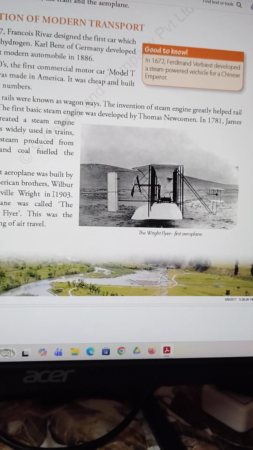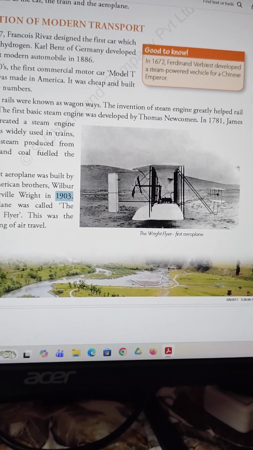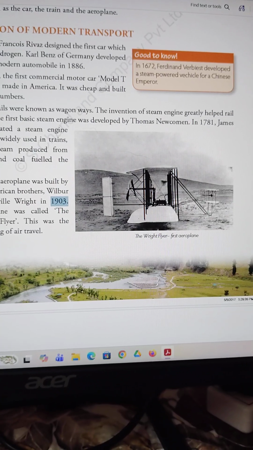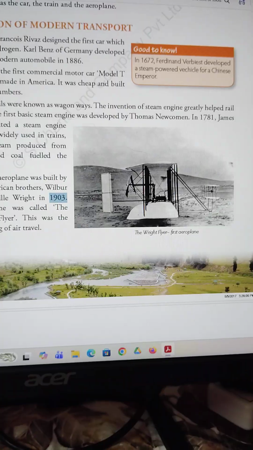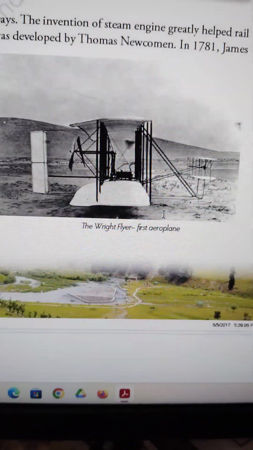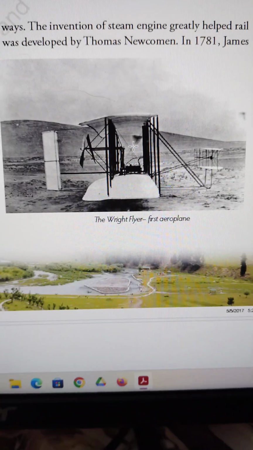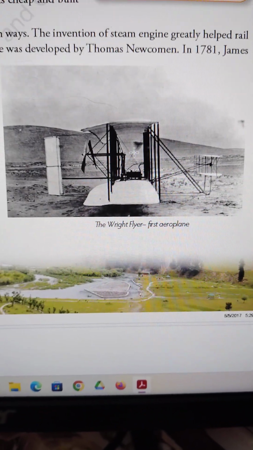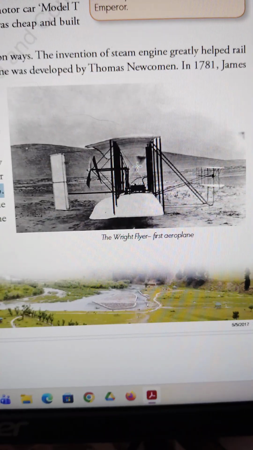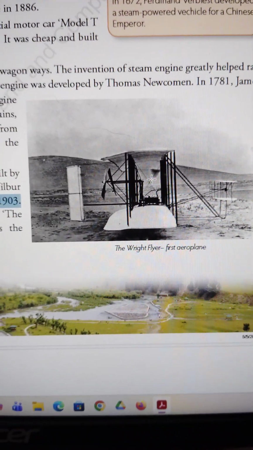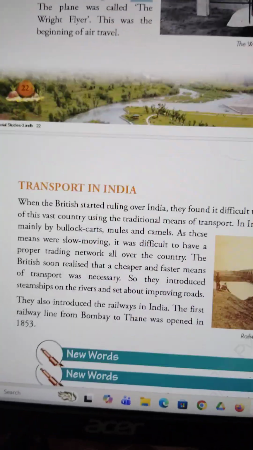Think, we got independence in 1947, and only in 1903 we find this Wright Flyer. Nowadays we go by aeroplane here and there. How much our country has developed, and nowadays we see AI also, isn't it?